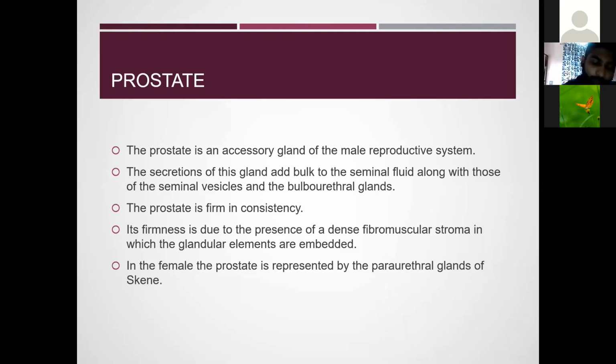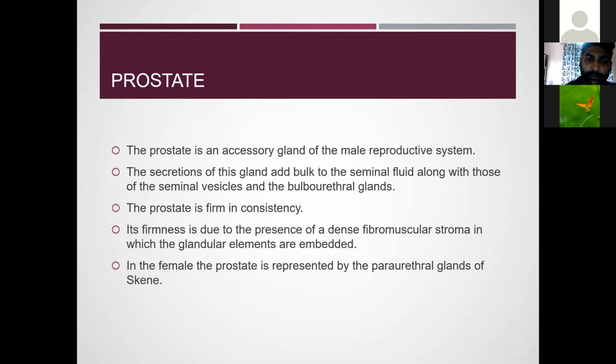The fibromuscular stroma is a thickened area of tissue that surrounds the apex of the prostate. It is made up of muscle fibers and fibrous connective tissue. In the female, the prostate is represented by the periurethral glands of Skene.